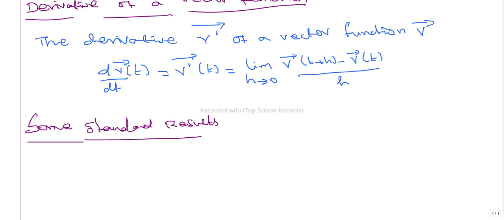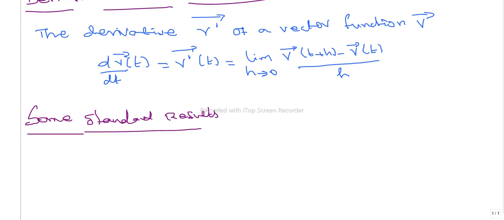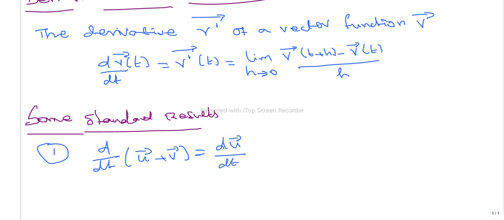Suppose we have two vector valued functions. What is the derivative of the sum of two functions? If you have two vector functions u and v, you differentiate separately and then sum: du vector by dt plus dv vector by dt. If you take the subtraction, the same will work, so I can put plus or minus.